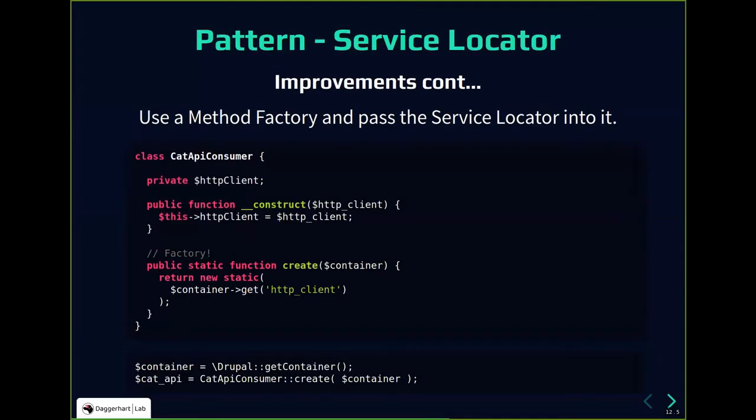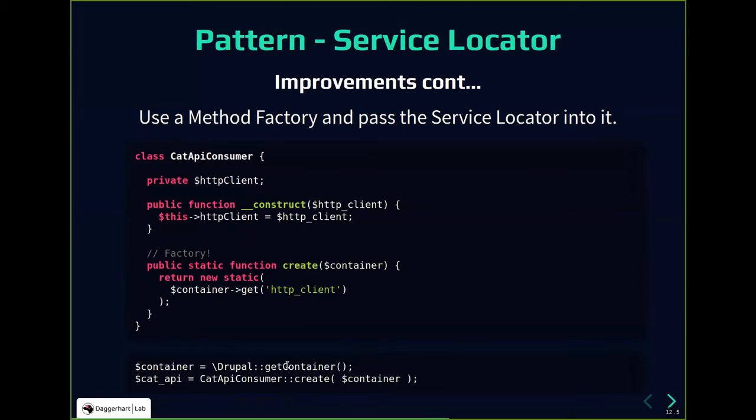So rather than having the service locator in our class, making the dependency, instead, let's make a simple factory for our cat API consumer. We can pass the service locator into that class, and so into our public factory method, because since the factory is just attached to the class itself, we didn't create any dependency on this service locator.